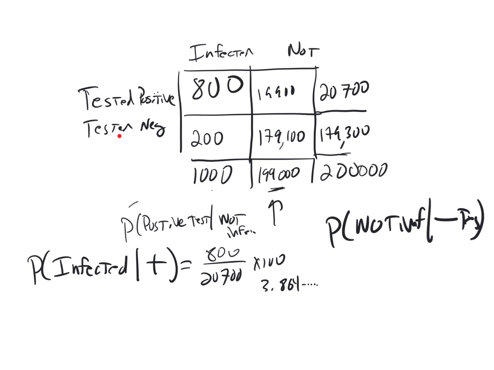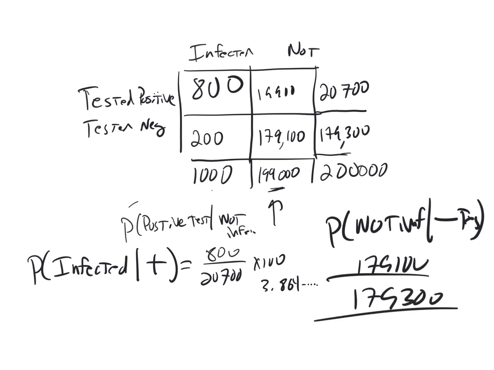Those are the people that tested negative, and they aren't infected, so that probability will be 179,100 divided by 179,300. And I did it divided, I got 99 point, and times it by 100, of course. I got 99.88 and so on.